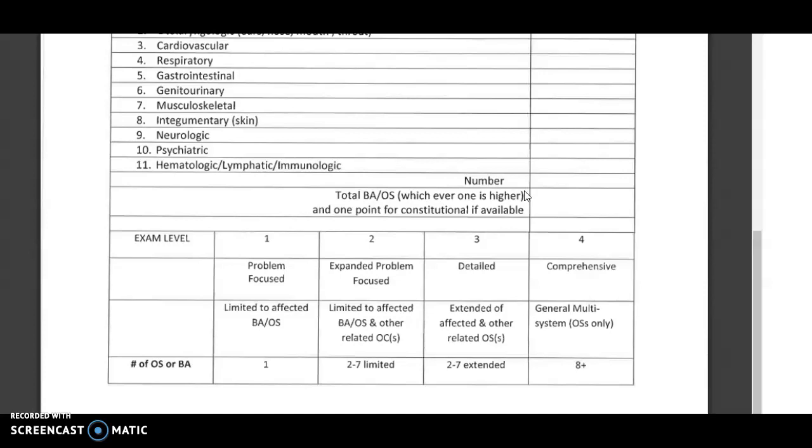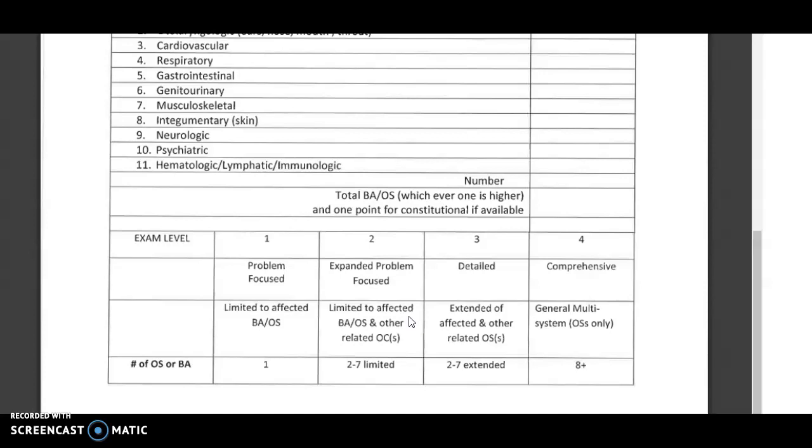If upon recount there are not 8 OSs, the exam does not qualify as comprehensive level, so then you're going to have to go down to the next level, which is going to be detailed, because 2 to 7 is extended. So let's say, for example, a medical report has 12 BAs and OSs together.